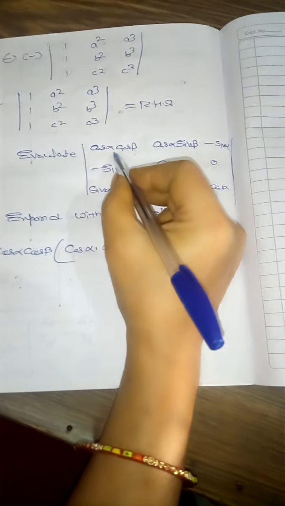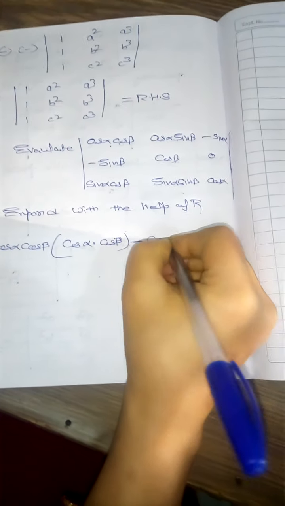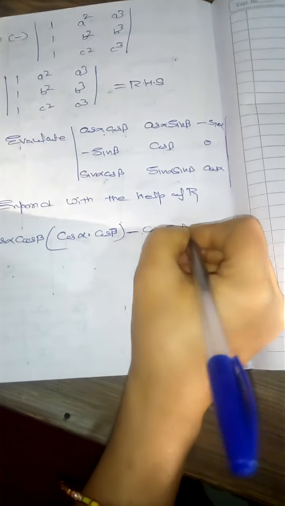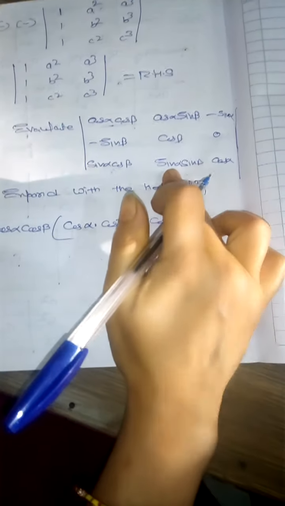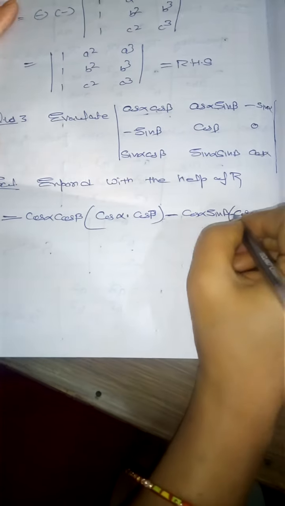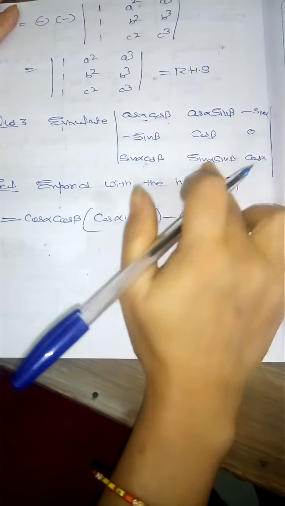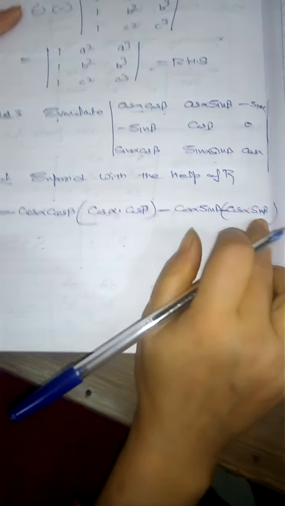After that this is a11, a12, so minus sign will come. Cos alpha sin beta, leave this row and this column. What is coming here? Minus cos alpha into sin beta. Leave this row and this column. This minus sin beta into cos alpha is coming, and here 0 will come, so no need to write 0.